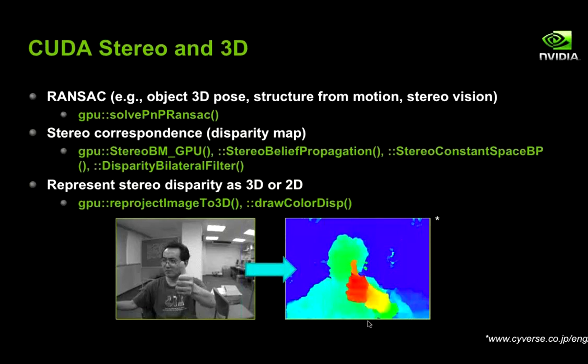There are also functions available for doing dense stereo correspondences between a left-right pair of images to compute the disparity, as well as different functions for representing the disparity as 3D maps or in terms of 2D color images, as is shown here.